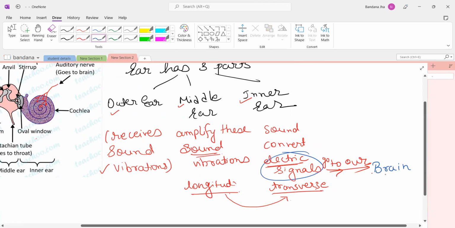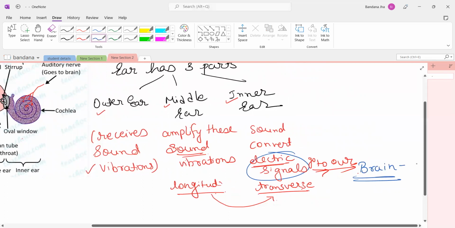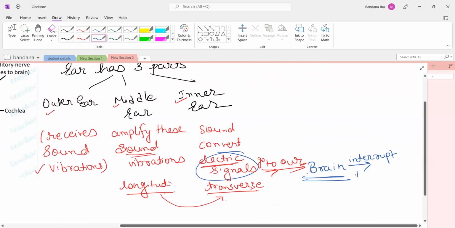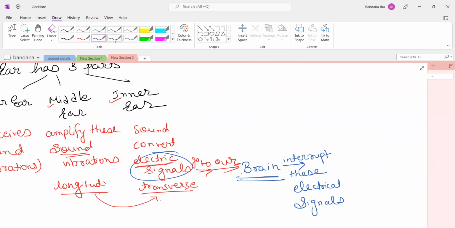Then what does the brain do? The brain interprets these electrical signals into what? Into sound.